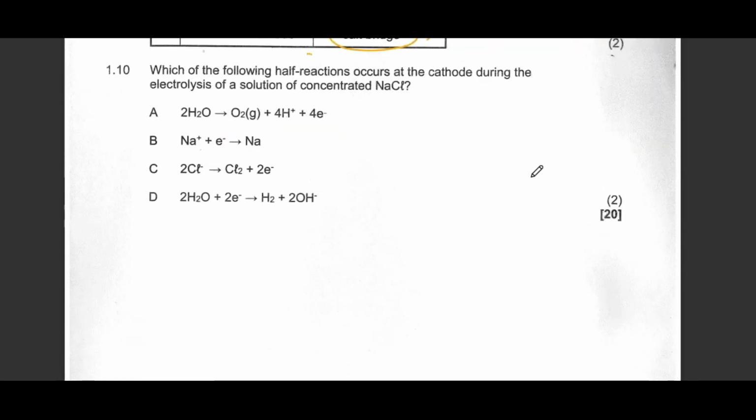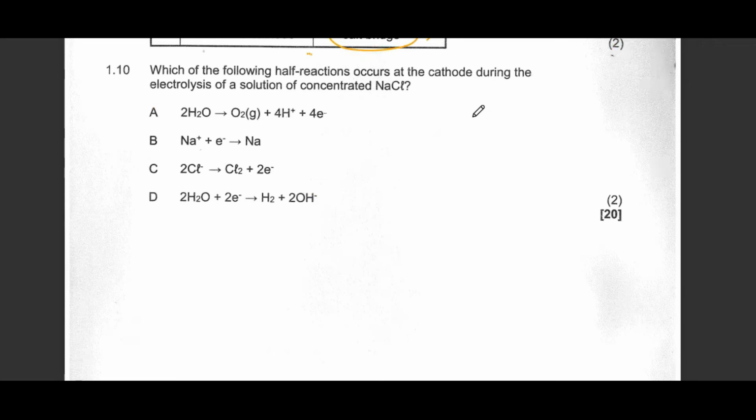Then lastly is which one of the following has a reaction at the cathode during electrolysis of a solution of concentrated sodium chloride.